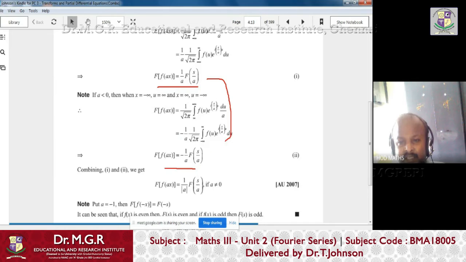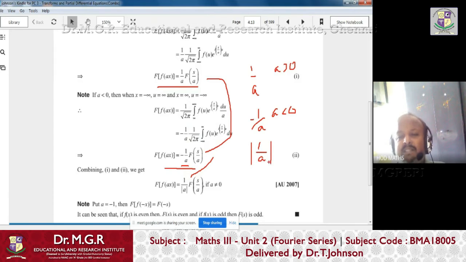Now we can combine these two things and write a single identity. 1 by a is a constant when a is positive, and it is minus 1 by a when a is negative. Then I can write this combined as mod of 1 by a. Mod x means that when the inner variable is positive, it takes the same value.